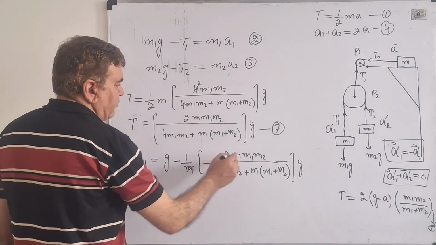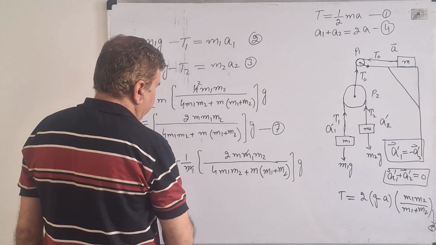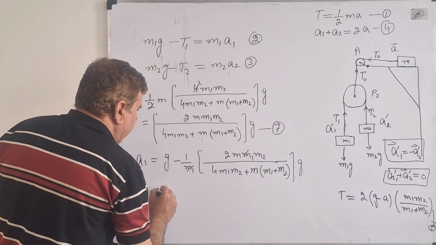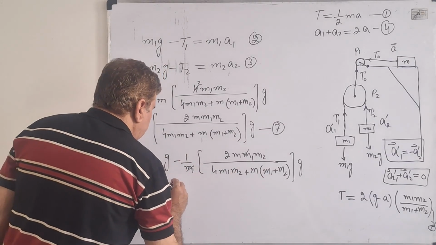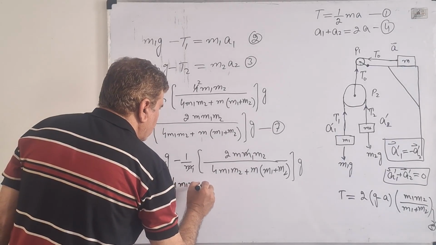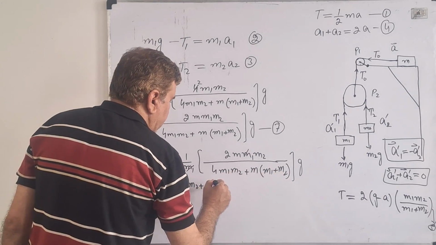I can cancel this m1 with this m1, and now I can take g common from this term and take the LCM. So I do that directly. If I multiply this over here, it will give me 4 m1 m2 plus m, and I open this bracket at this.